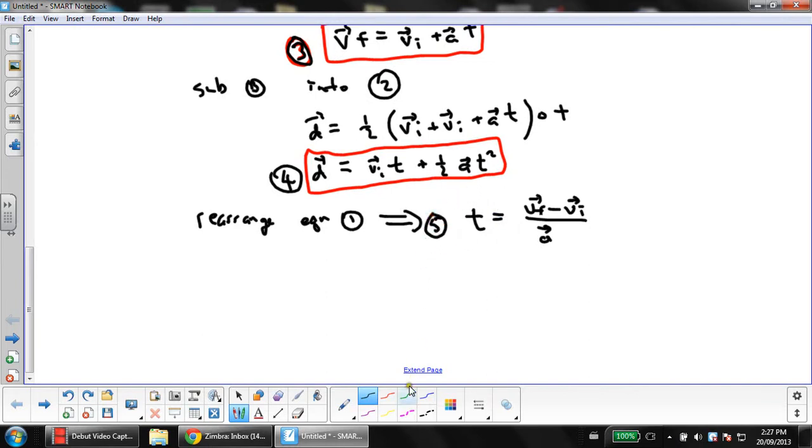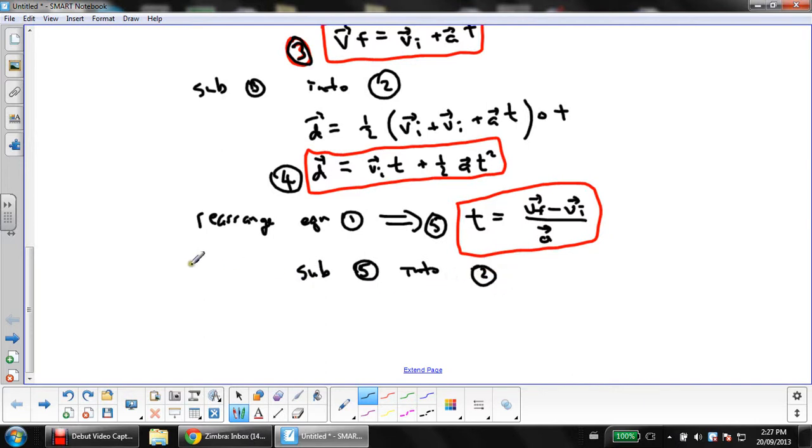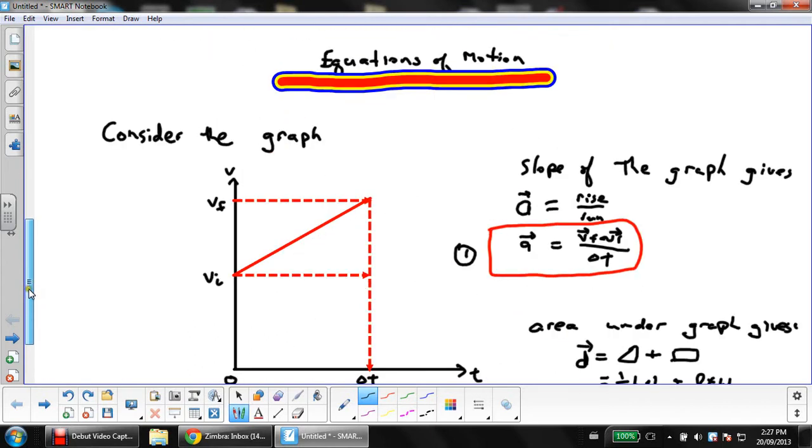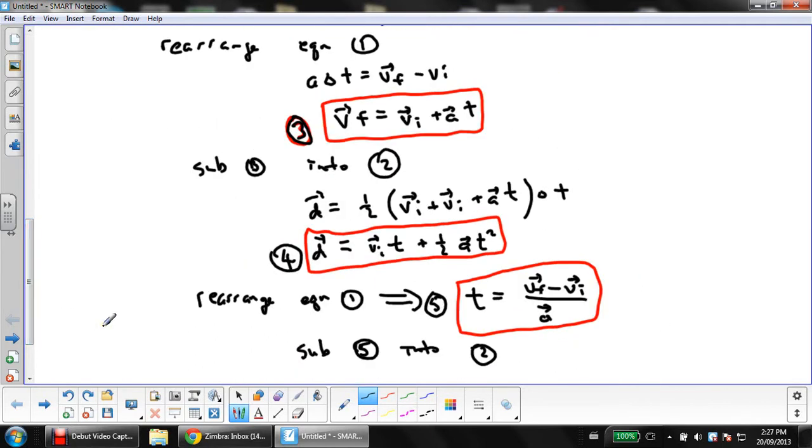I'm going to put a red box around it, just trying to keep track of these equations. And now I'm going to sub 5 into number 2. So I'll go up here and take a look.